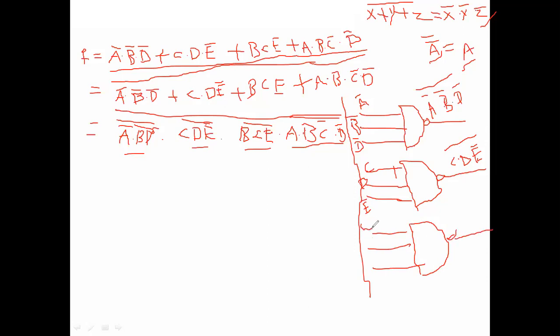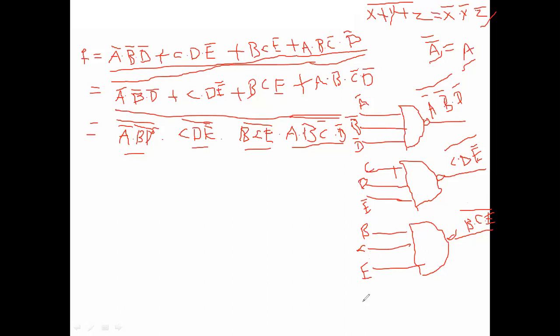Okay. So B, C, E. So what is the output? The first input, second input, and third input whole bar.